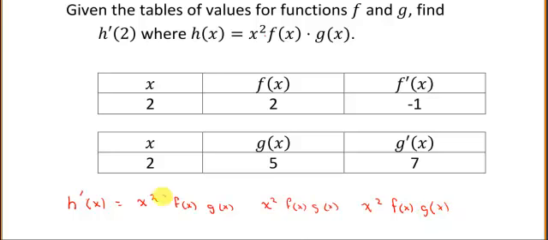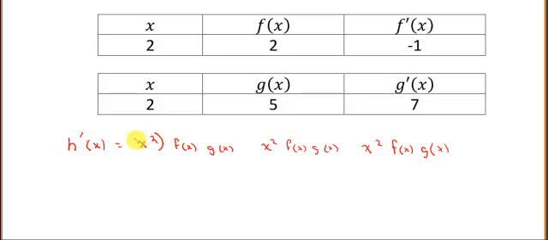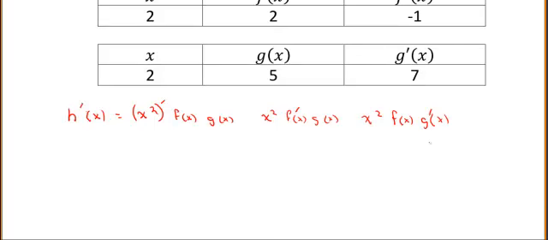All right, in the first copy, we'll take the derivative of the first function, x squared. In the second copy, we'll take the derivative of the second factor, f of x. And in the third copy, we'll take the derivative of the third factor, g of x, and then we'll add these up. Okay, so let's see.